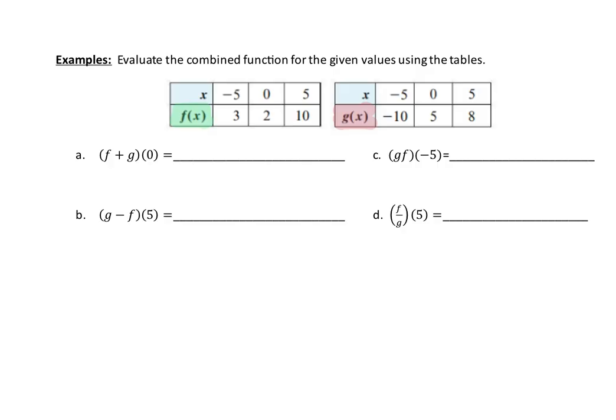So when we look at this, f plus g of 0, we want f of 0 plus g of 0. All right, f of 0 is, let's see, and g of 0 is equal to 5.